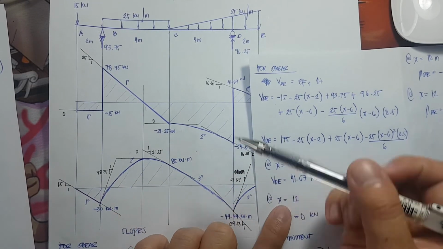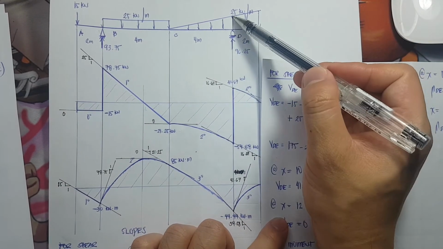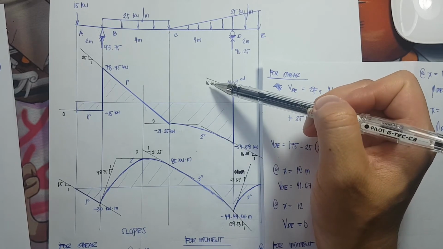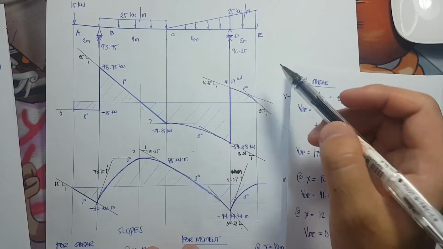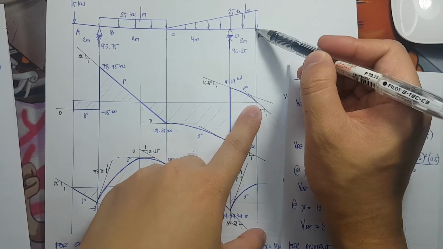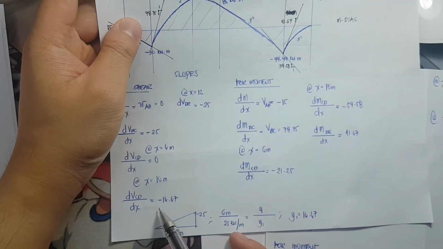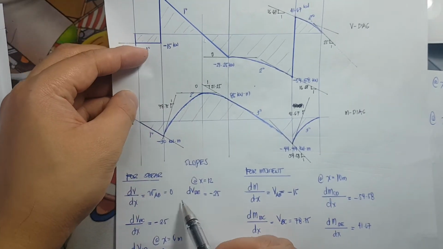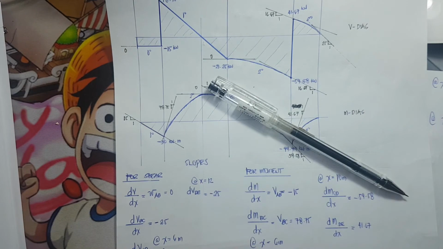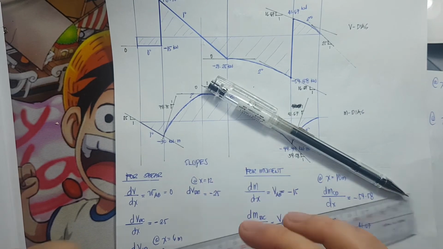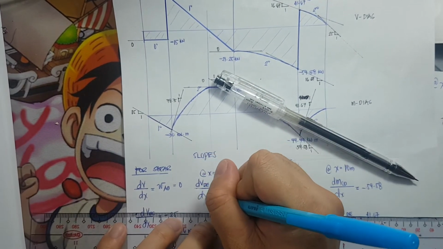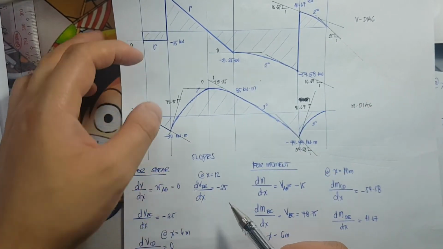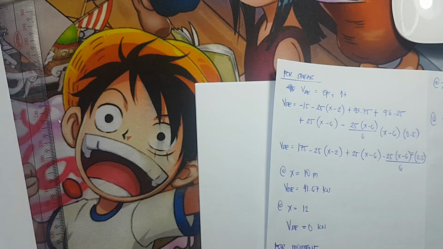It is positive. Therefore, dito, parehas lang. The load here is 16.67. And the load here is 25. Okay? The derivative of shear with respect to x at 12 meters is negative 25. So, pababa ulit siya. Okay?